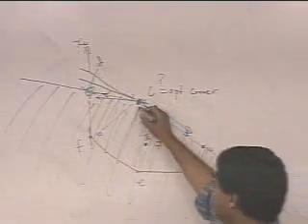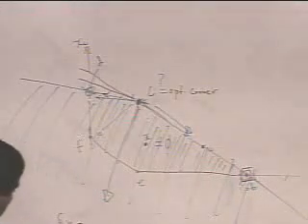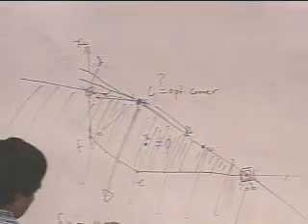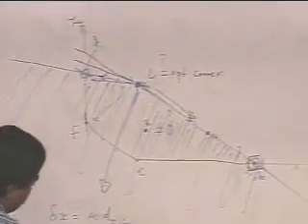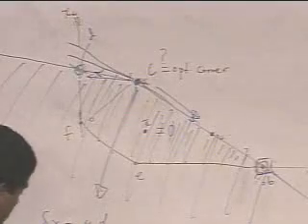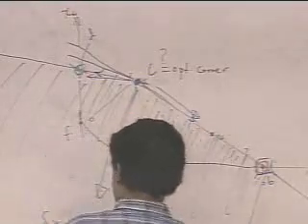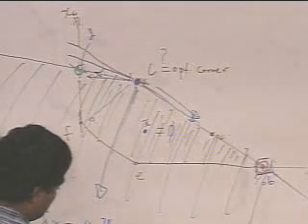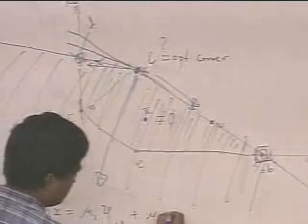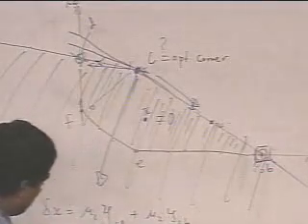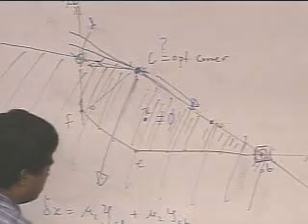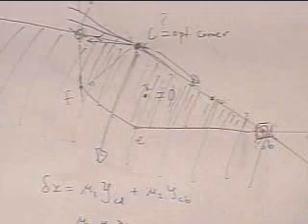So any direction that I move here, let's call this delta x, I can write as mu1 times the direction from C to D, let's call it y CD, plus mu2 times y CB, where mu1 and mu2 are greater than or equal to 0, because at the boundaries it could be 0.